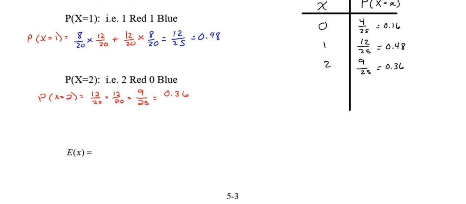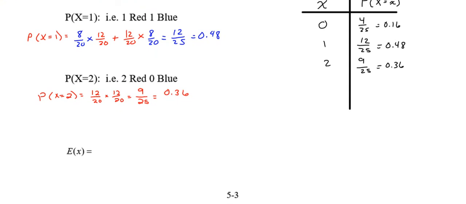Now, the expected value is the same thing as the mean. And if you remember, the formula for the mean is the sum of each value of x multiplied by its frequency divided by the sum of all the frequencies.